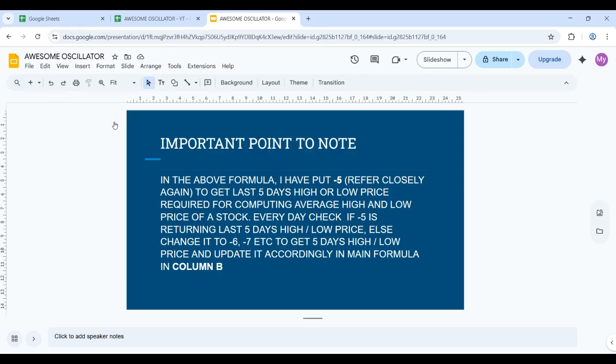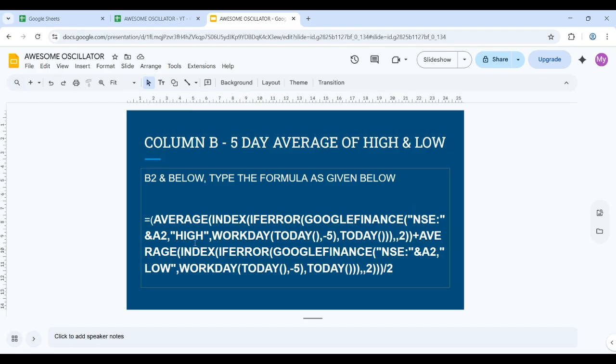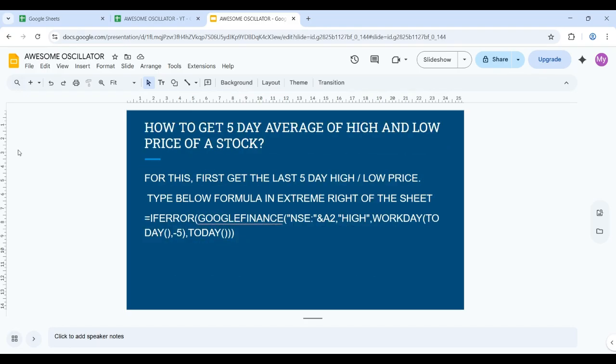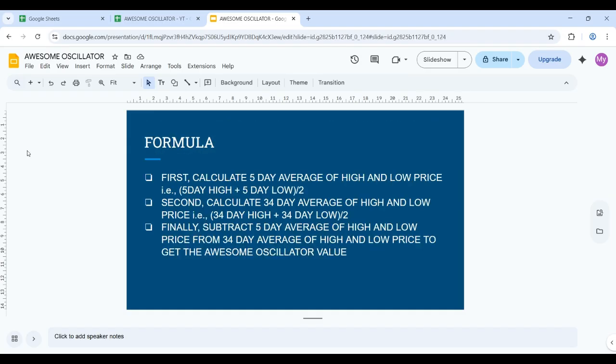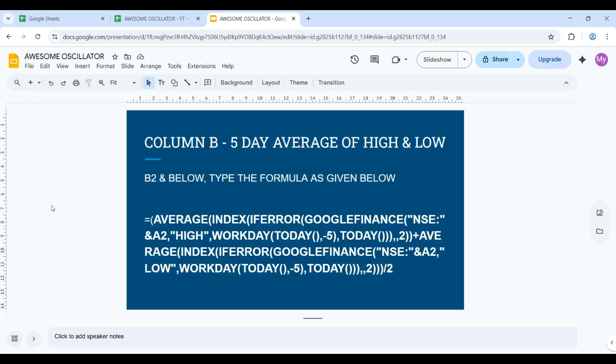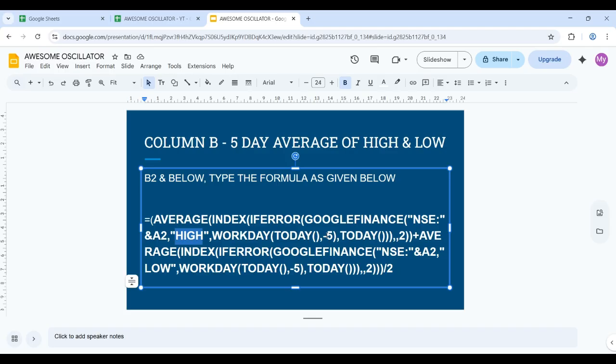Okay. So in the main formula, there are two types. Like I said, we need to get the high and low value. Here, calculate 5-day average of high and low. Okay, 5-day high plus 5-day low by 2, which means here I have put -5 for the high. Okay, here -5, and again here also for low I have put -5.